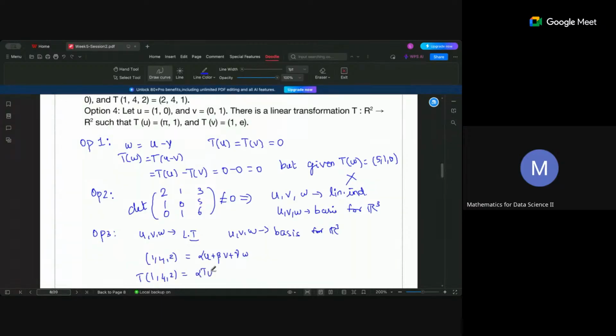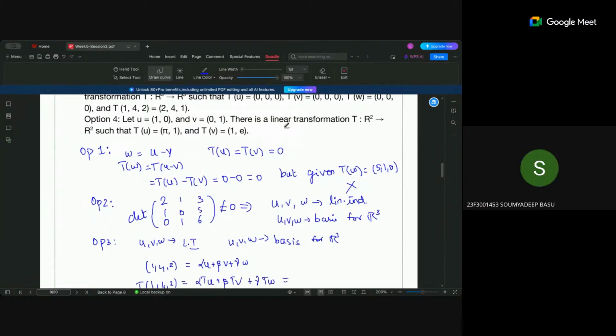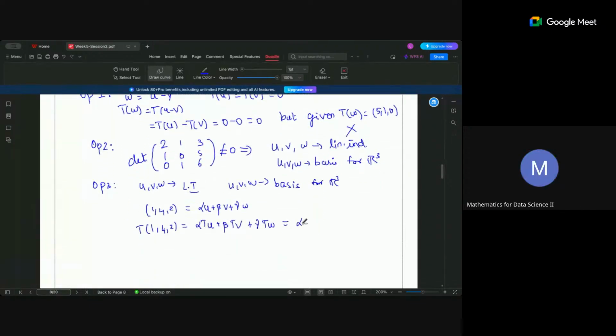Now, what will be T of 1, 4, 2? Alpha times Tu plus beta times Tv plus gamma times Tw, correct? Now Tu, Tv, Tw are all zero. So alpha times 0, beta times 0, gamma times 0 gives you 0.